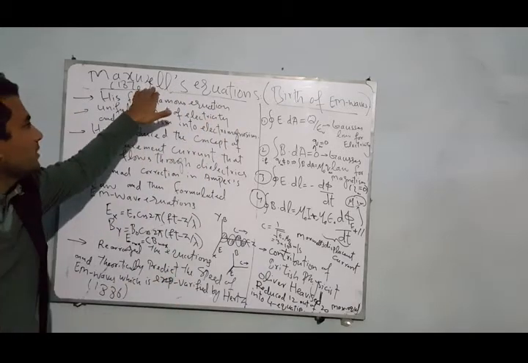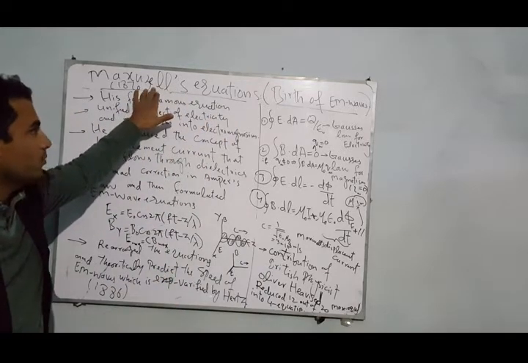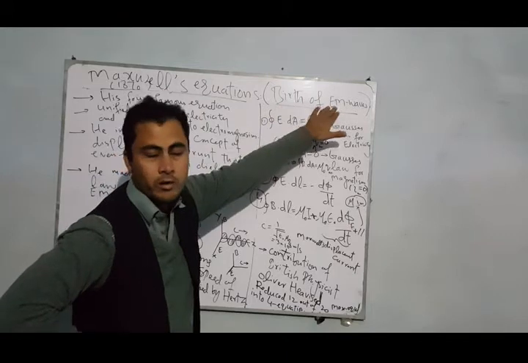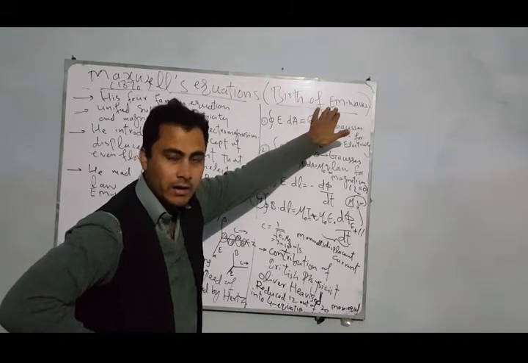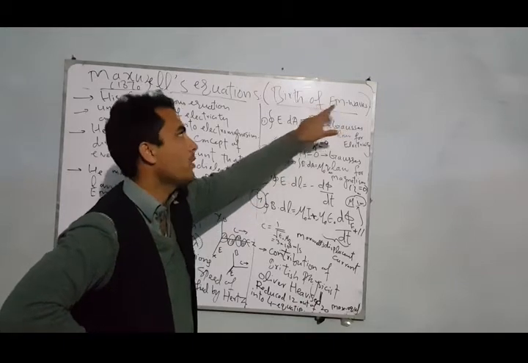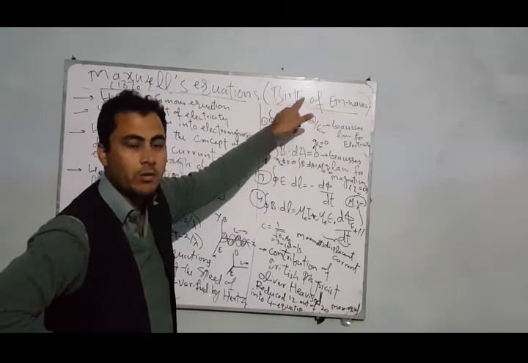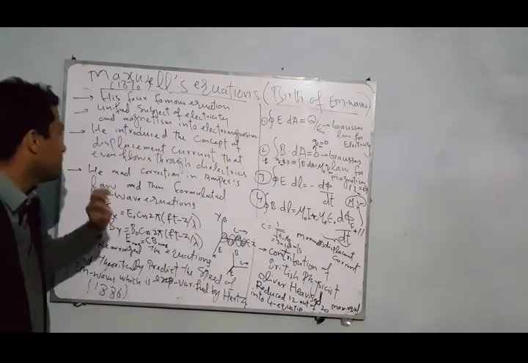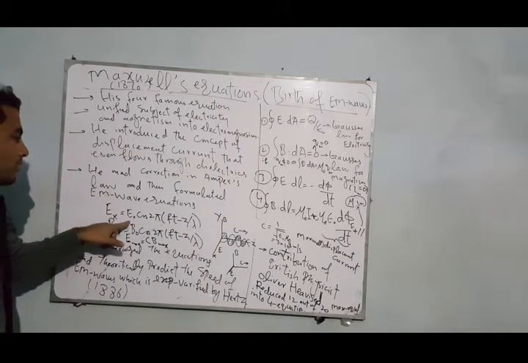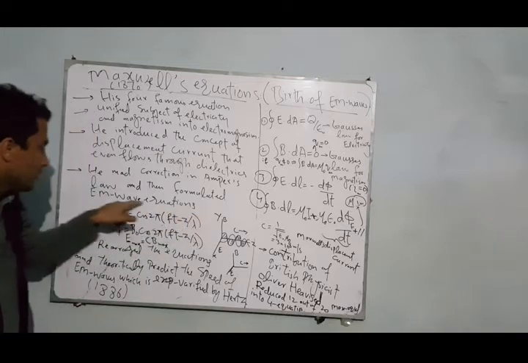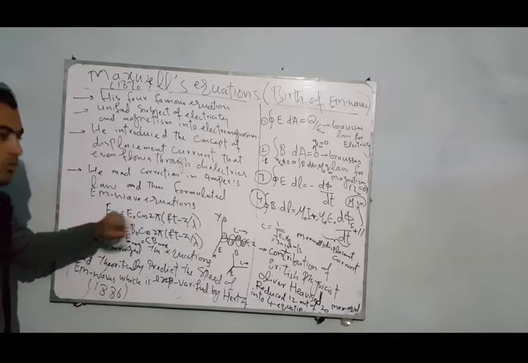Our topic is basically the Maxwell equations, which are basically the birth of electromagnetic waves, because he theoretically predicted the exact nature of electromagnetic waves and said that electromagnetic waves consist of electric and magnetic fields. The electric component of the electromagnetic waves is explained by this equation.